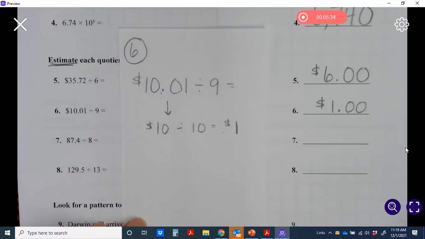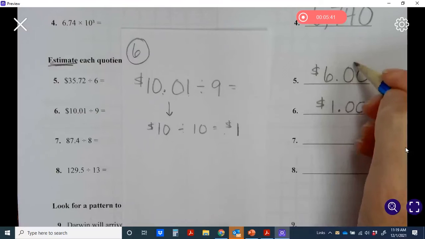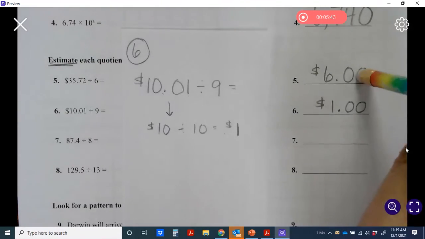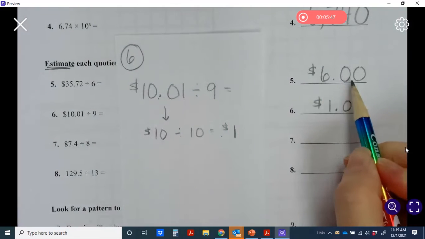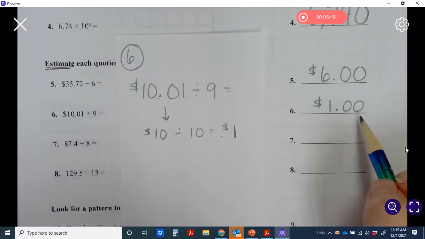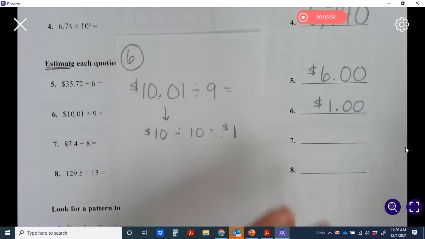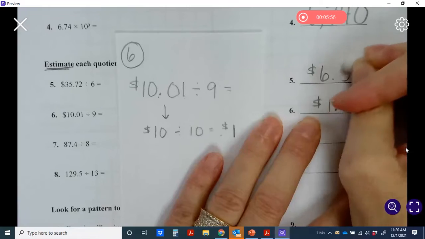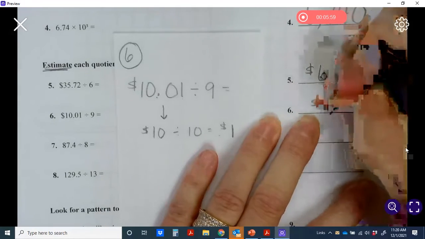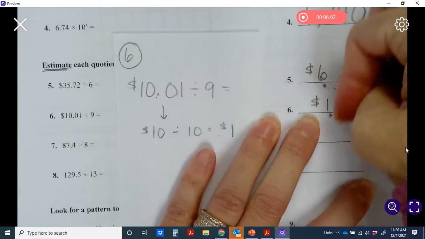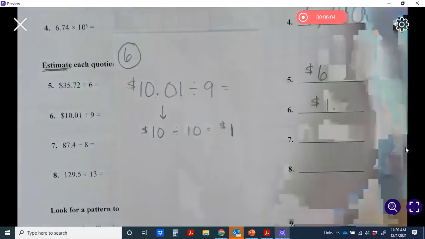Now that I'm looking at this, because we estimated, it's probably better not to include these decimal places. And the reason why is because when you include decimal places, it's giving the indication that your answer is exact to that decimal place. So I would just forget about these zeros. Because we estimated, I would just put $6 and $1, something like that maybe.